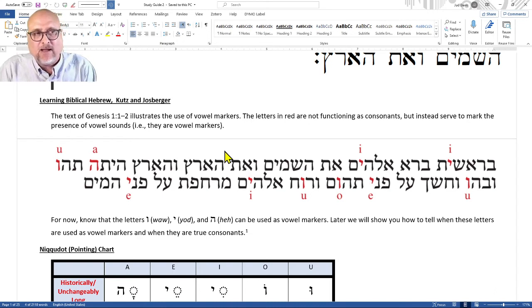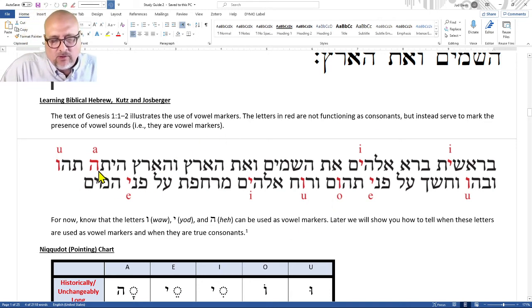It's why we can't just have 5 rules and then read it out loud as well as the guy on the MP3, because there are 2 systems there, and so sometimes a hireq will be a short hireq and sometimes it'll be a long one, and it has to do with these letters.